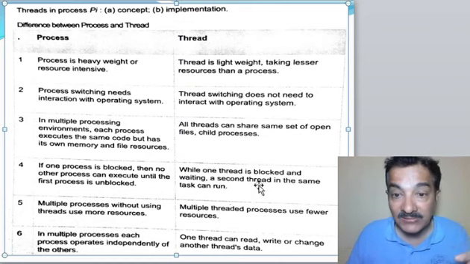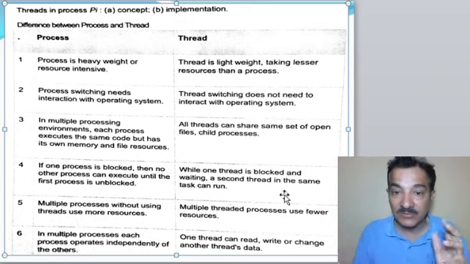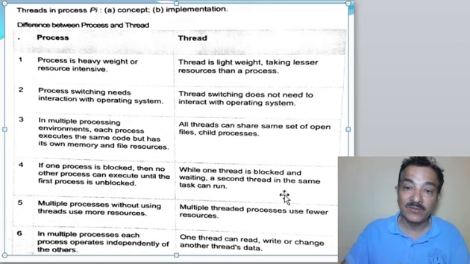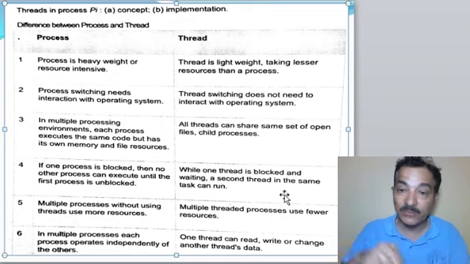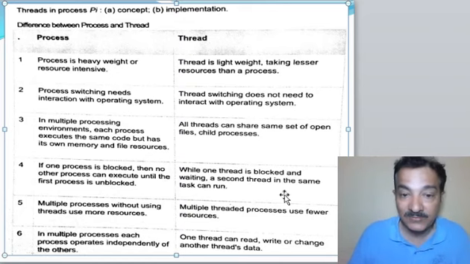But in a multi-threaded environment, if one of the threads is blocked, there are other threads which can still keep running. So the program may keep working, and based on the condition, another thread can even open other threads, and so on.